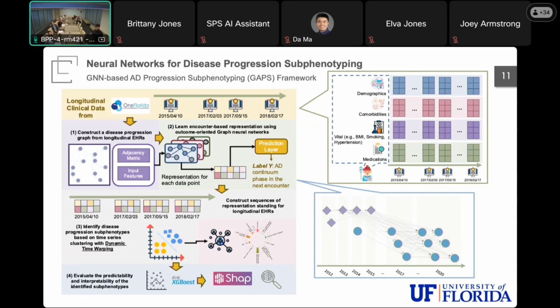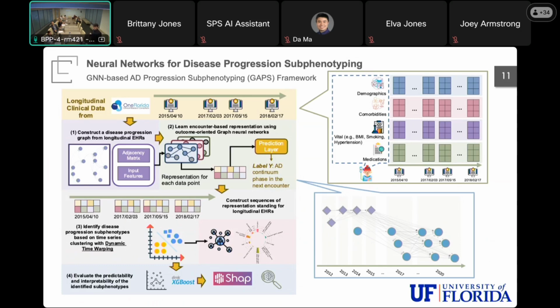We then use graph neural networks to learn embeddings from this graph, and the learning task of these graph neural networks is to predict the AD continuum phase in the next encounter.